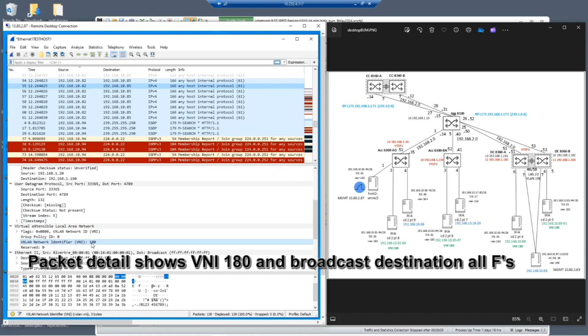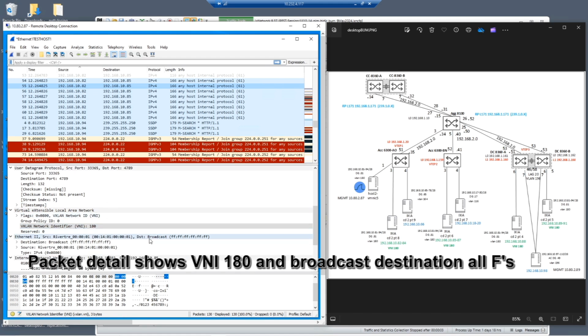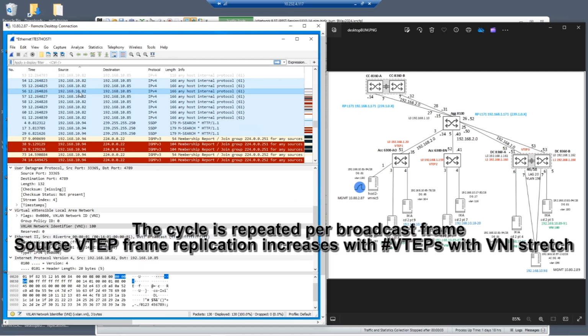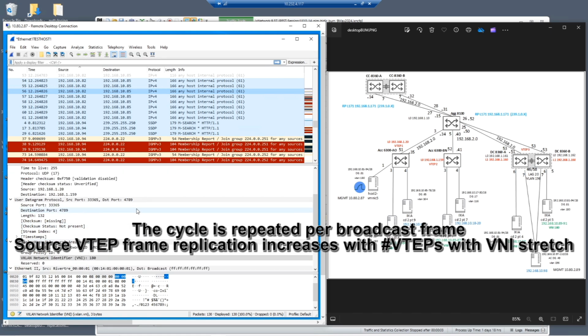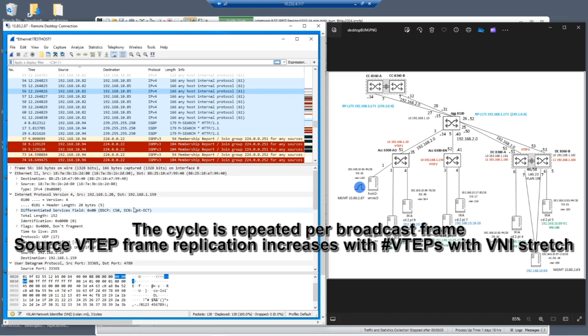The second frame sending to VTEP 3 is also VNI 180 with broadcast destination, all Fs. This cycle is repeated per broadcast frame. Source VTEP frame replication increases with the number of VTEPs in a stretched VNI.